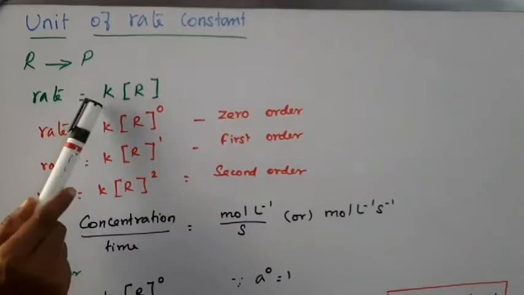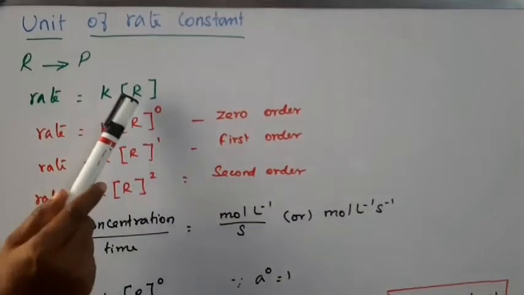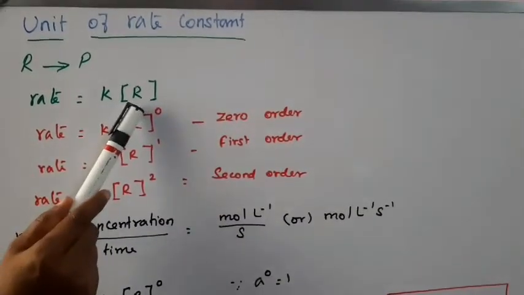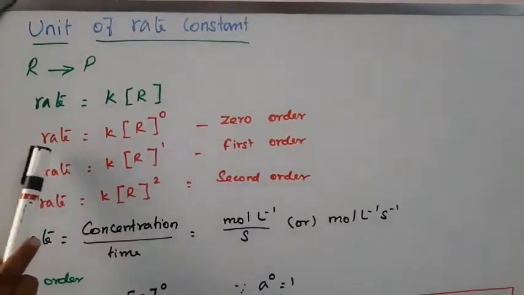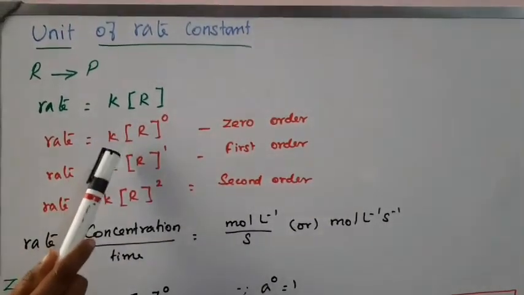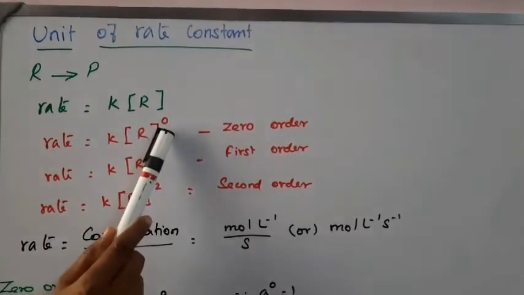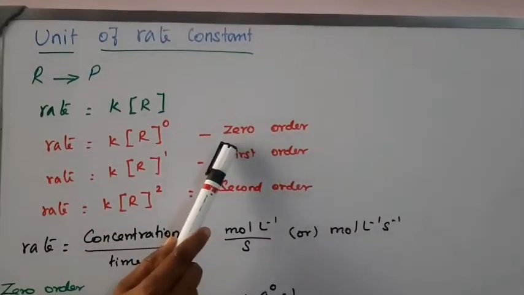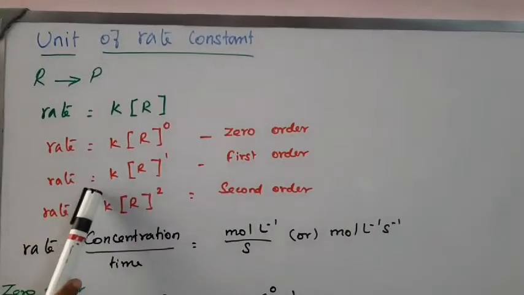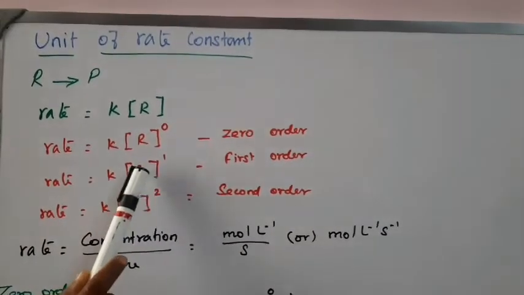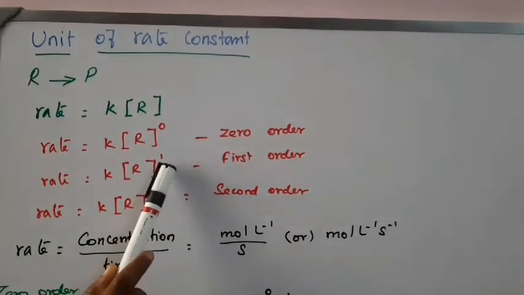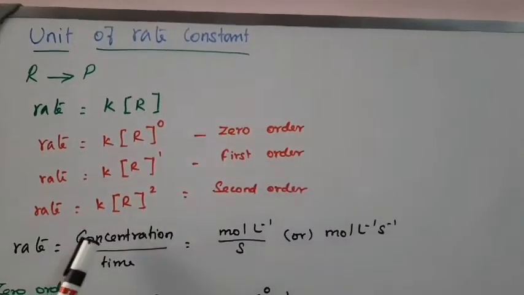Rate equal to rate constant times the reactant concentration raised to the power 0 is a zero order reaction. At the same time, rate equal to rate constant times the reactant concentration raised to the power of 1 is a first order reaction.